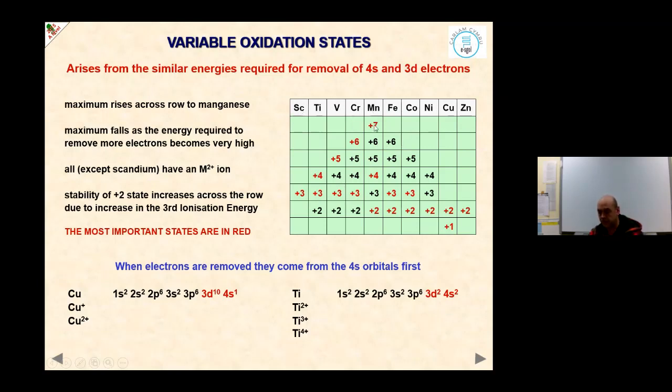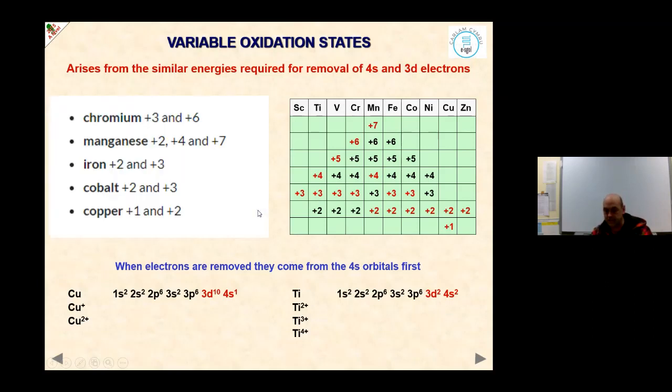Remembering manganese goes up to +7, you can just do this kind of pyramid of numbers. However, is it useful? Well, yes, but for the exam, I would say it's probably better just to learn that. So these are the oxidation states you need to know.